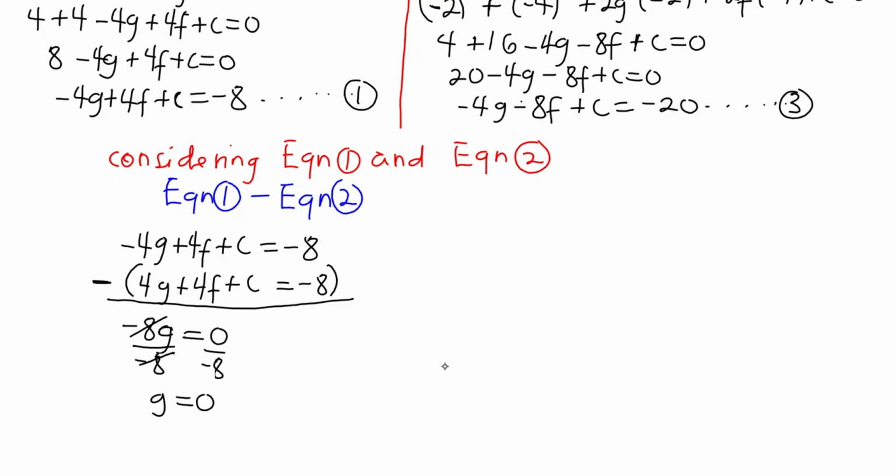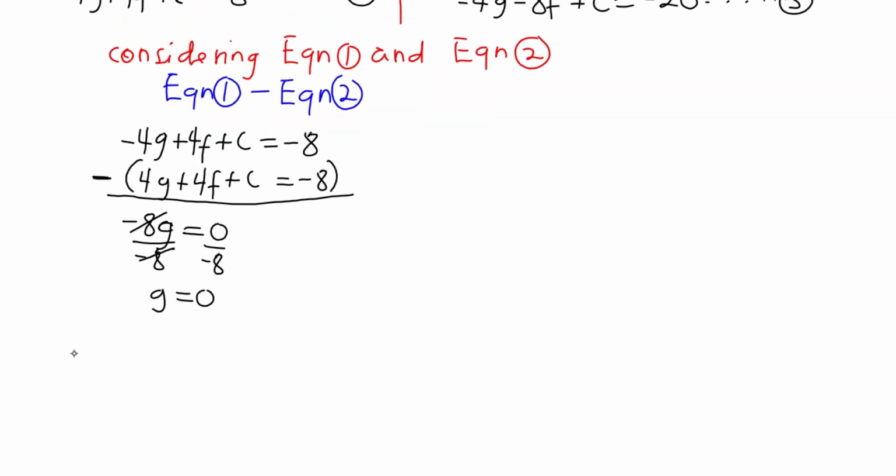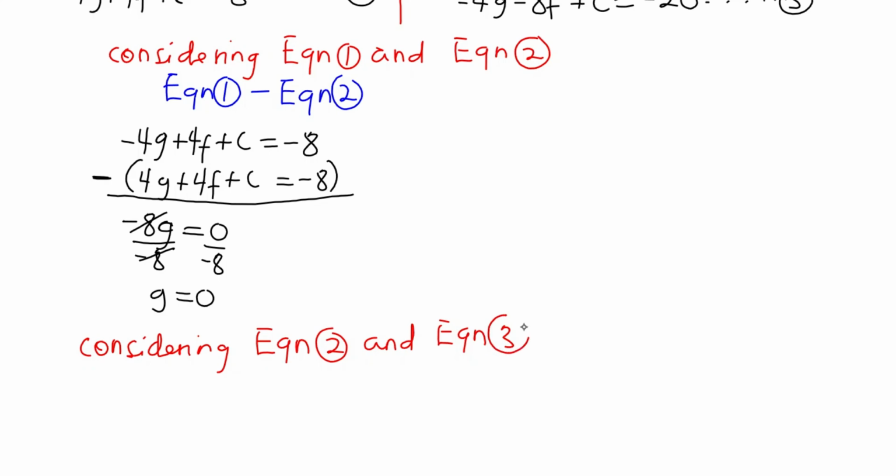So first, to find f and c, we can also consider equation 2 and 3, just like we considered equation 1 and 2. So here we write, considering equation 2 and that of equation 3, then it means that we are going to subtract equation 3 from 2.